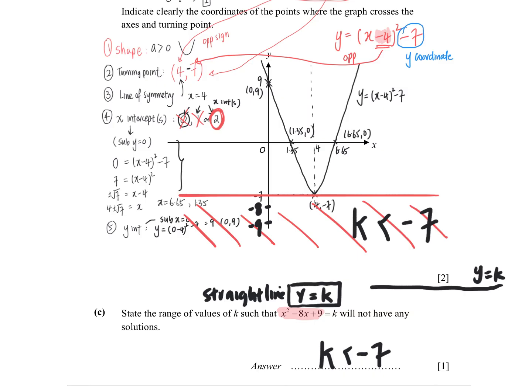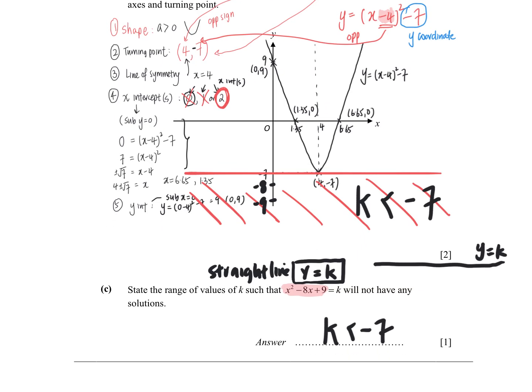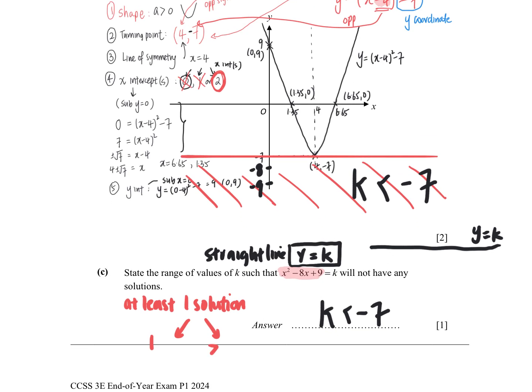Okay? Okay, I can switch the question to ask you, state the range of values of K such that you have at least one solution. At least one solution means what? Can have one or more than one, right?